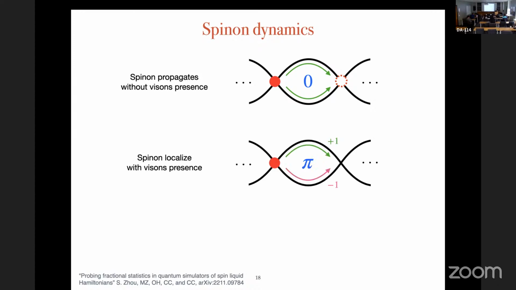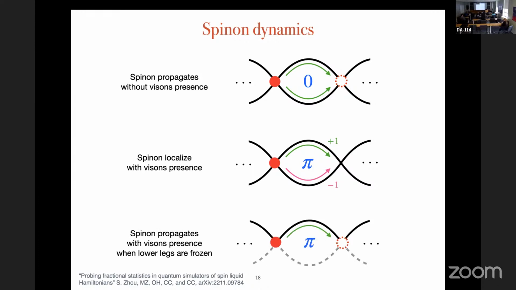However, when there is a vison present in the chain, the top and the bottom path for the spinon to travel to the nearest star acquire 2 opposite phases, plus minus 1, which gives rise to this destructive interference pattern. So effectively, the presence of vison cuts the chain into different segments and makes the spinon localized.